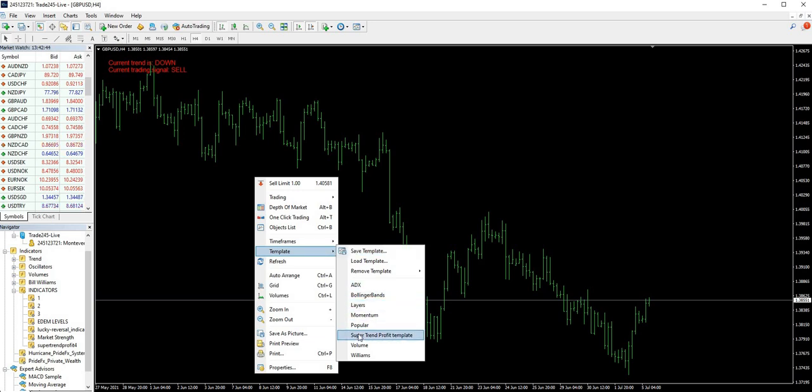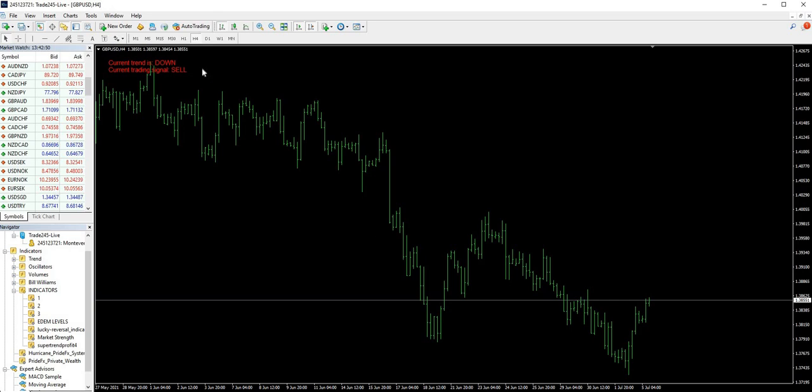If we're looking at this template, it's called the Super Trend Profit template, and when we click on it, you will notice that it only has the current trend and the current trading signal. The problem here is that we're not getting the full experience of what blue mode is. So we still need to drag over a few other indicators to complete the template.